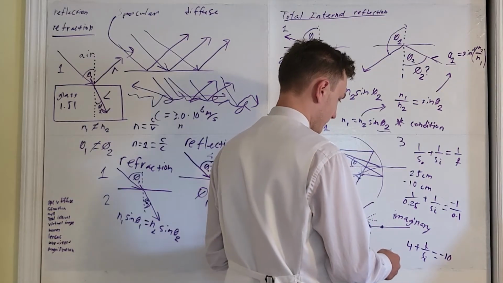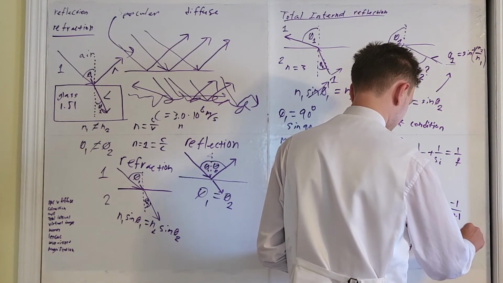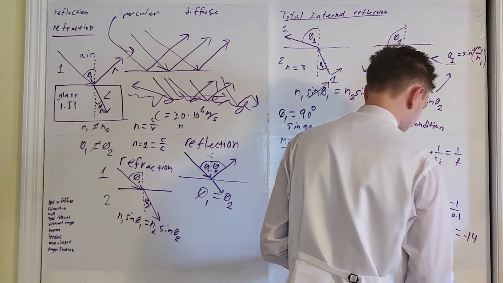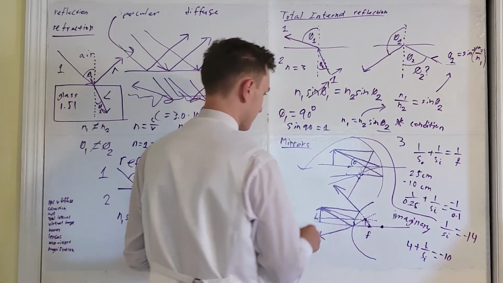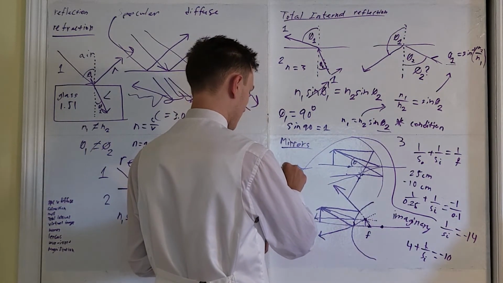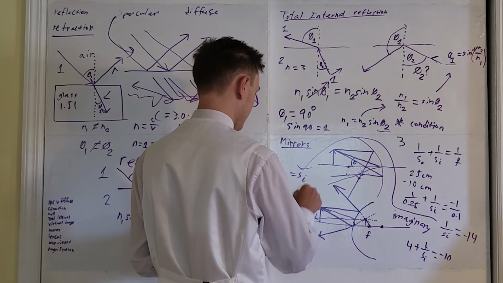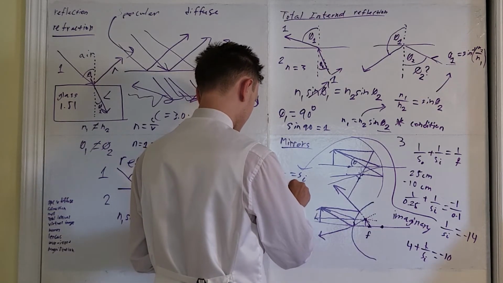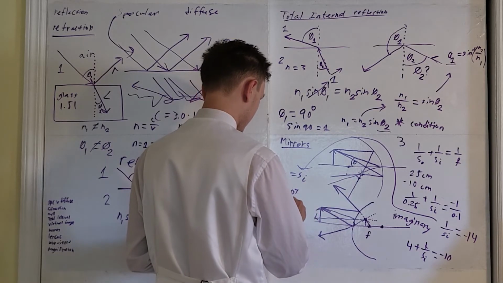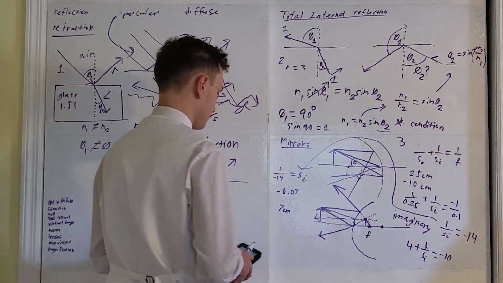So now we can subtract 4 from both sides. 1 over SI equals negative 14. And we can rewrite this, I'm going to rewrite it over here, that 1 over negative 14 equals the distance to our image, and that into the calculator becomes negative 0.07, which is the same as 7 centimeters on the right side of the mirror, okay?